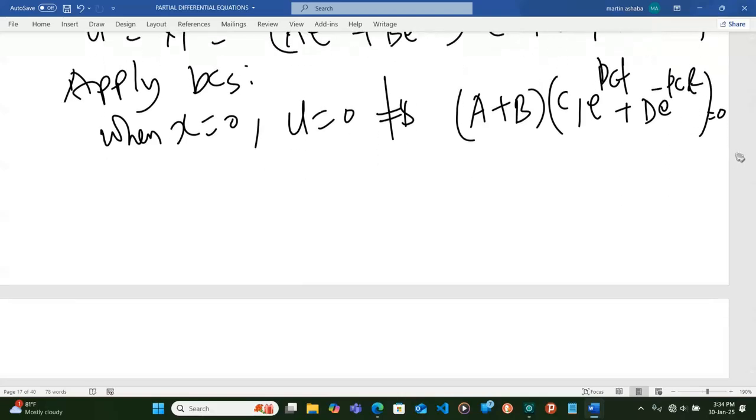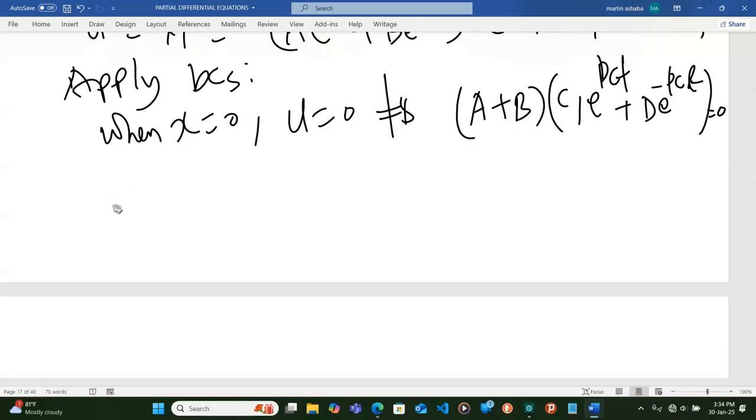So what does that mean? For this to hold for all values of t, then this component does not equal 0, but A plus B can equal 0, meaning that A is equal to negative B.